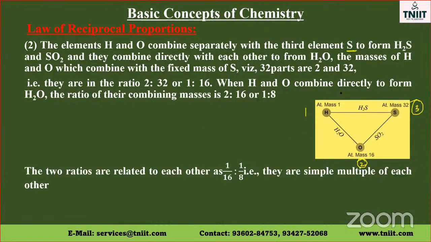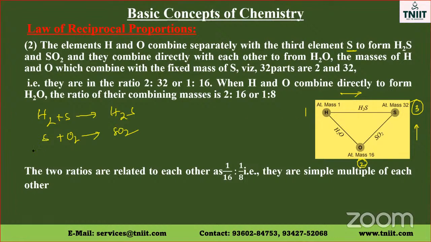Hydrogen combines with the third element, sulfur, to form hydrogen sulfide. Oxygen combines with the third element, sulfur, to form sulfur dioxide. There's a product here written, sulfur dioxide.